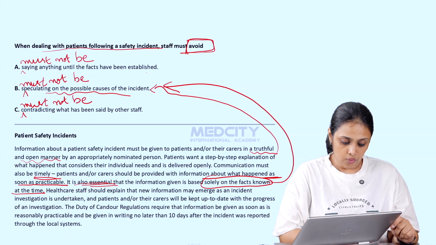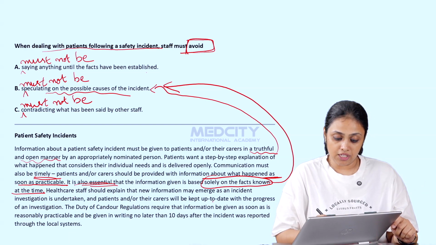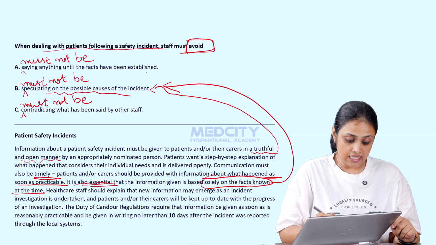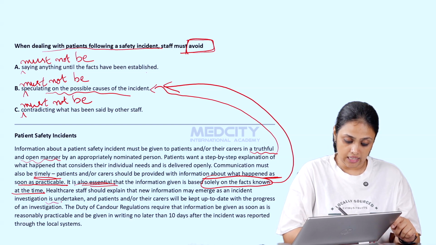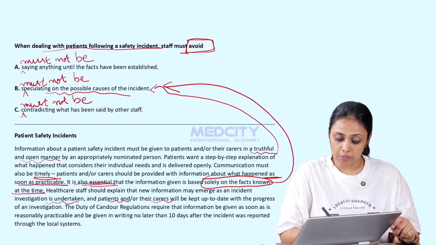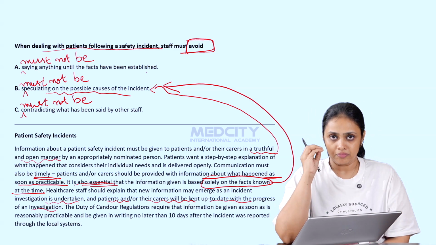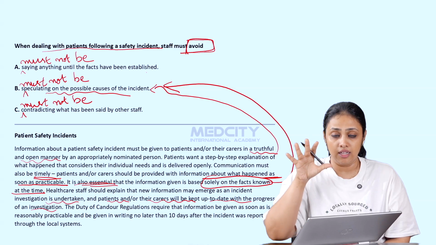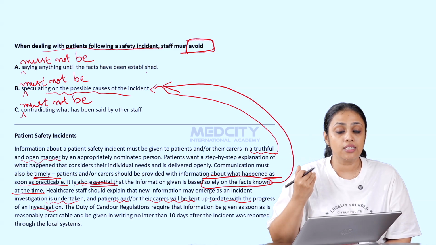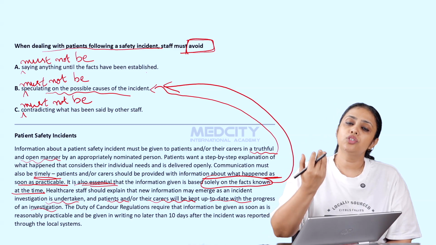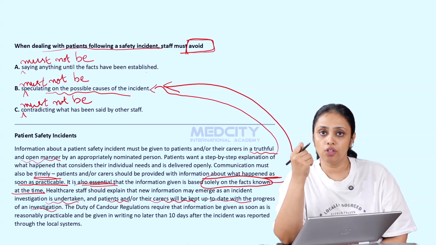Now, healthcare staff should explain that new information may emerge as an incident investigation is undertaken, and patients and their carers will be kept up to date with the progress of an investigation. What they're trying to say is that based on the facts that are available with the staff as of now, they should try and communicate it to the patient or the carer.